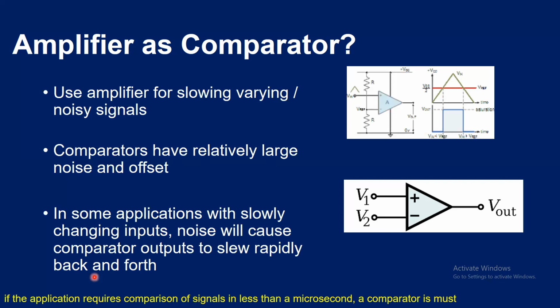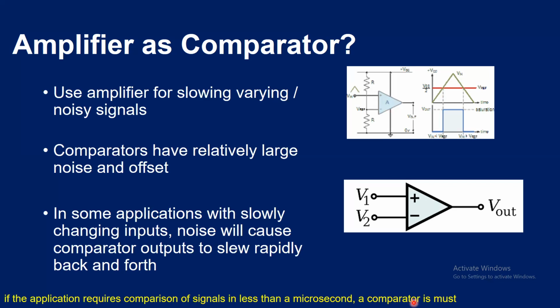Finally, if the application requires comparison of the signals in less than a microsecond, so it's quite fast, you want high speed output, then the comparator is a must. In that case, you cannot really use the amplifier as a comparator.